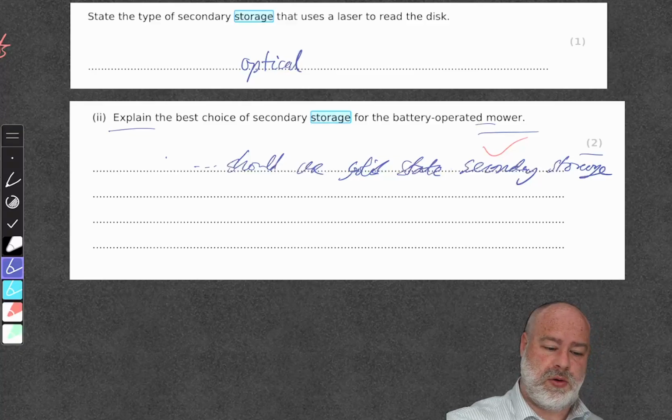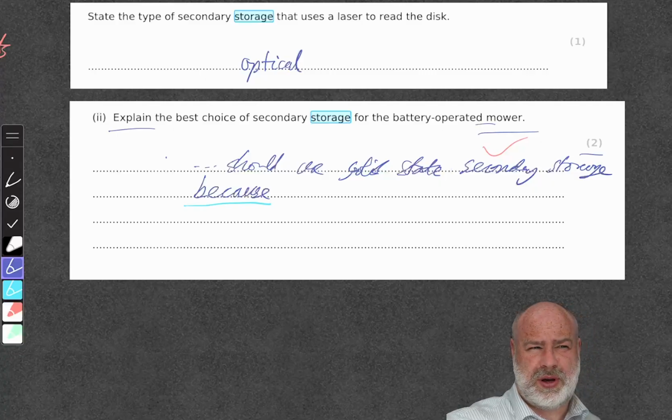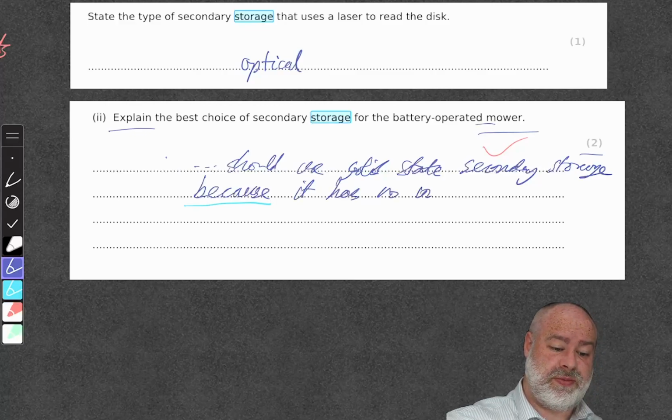I'm going to use my classic linking word there, because. As soon as you put because in, the examiner's going to go, okay, right, how can I give you the extra mark? Because, and it's simple, right? It has no moving parts. No moving parts.